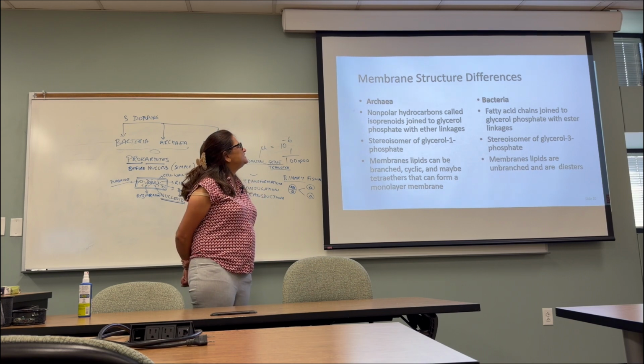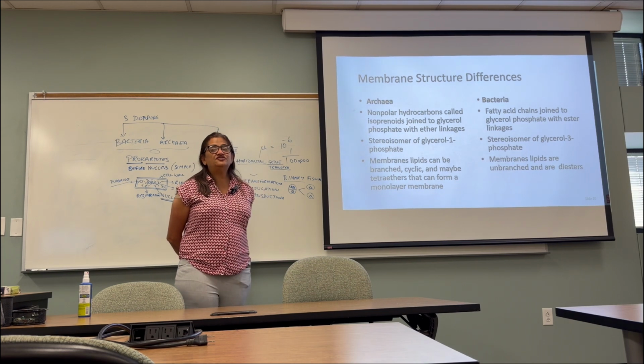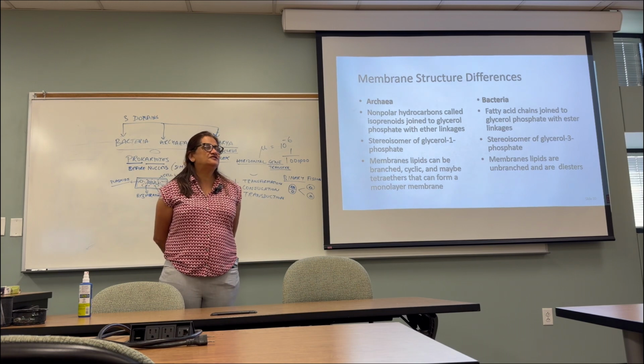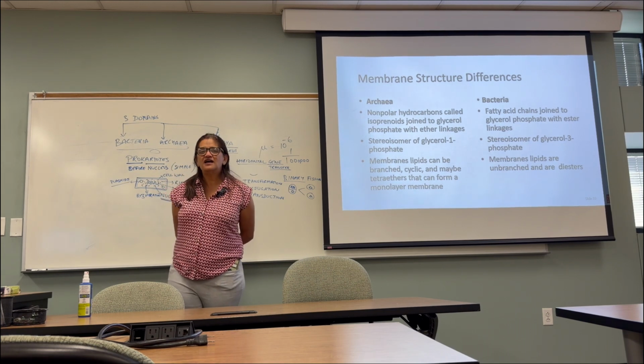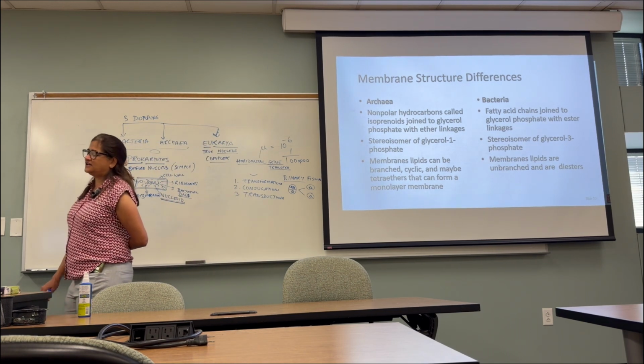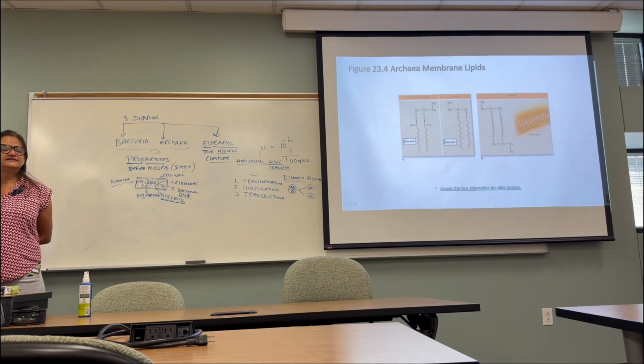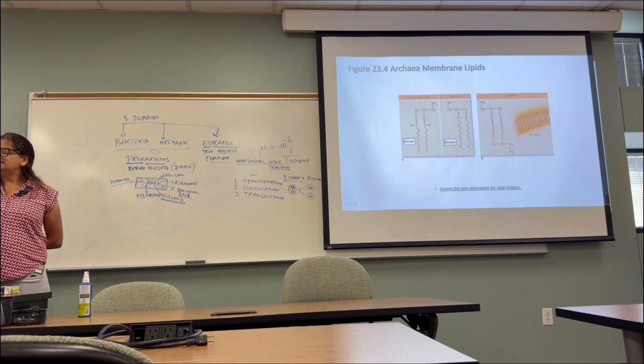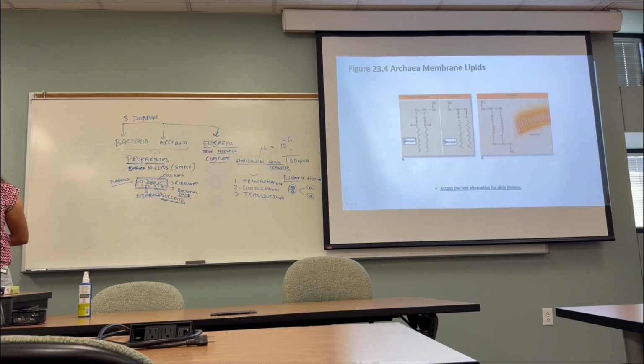So these are the major differences between the membranes of bacteria and archaea, and that's why they were promoted to a separate domain. These are examples of those membrane lipids. Chemically, archaeal plasma membranes are different from bacterial plasma membranes.